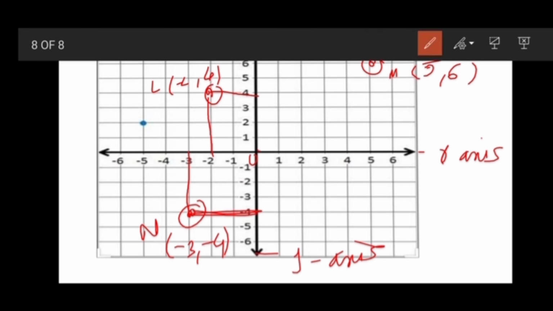So on the x axis plus 2 and on the y axis minus 3. Plus minus means in the fourth quadrant. So plus 2 on the x axis and minus 3 on the y axis. So here is your point P. Yes, okay. Then you can write 2 and minus 3. You can write the coordinates here.